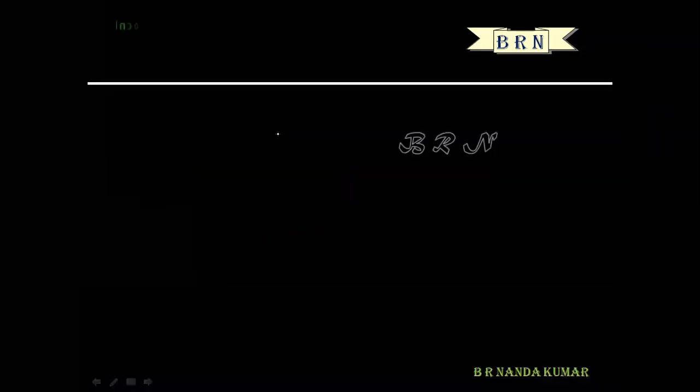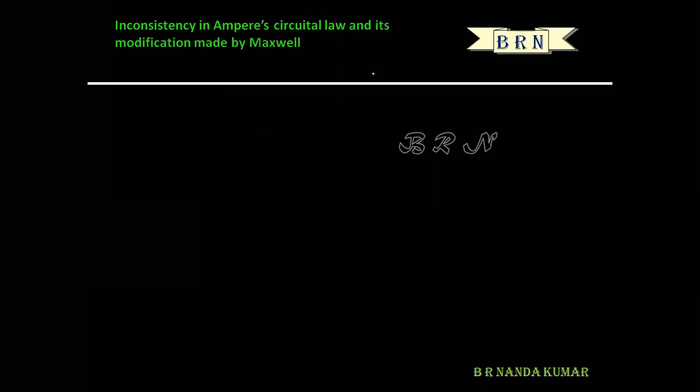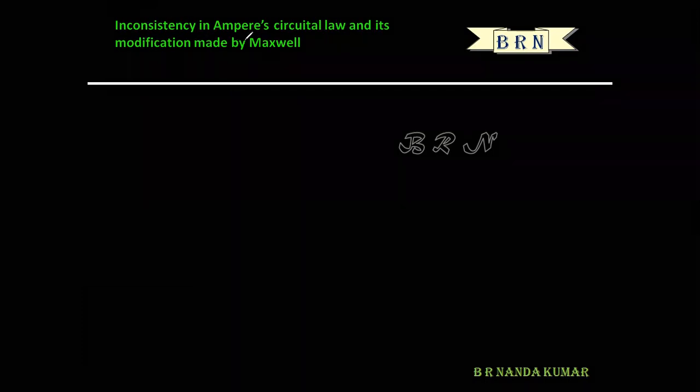The first concept in this chapter is the inconsistency in Ampere's circuital law and its modification made by Maxwell. Inconsistency means sometimes Ampere's circuital law is applicable, but sometimes it is not applicable.